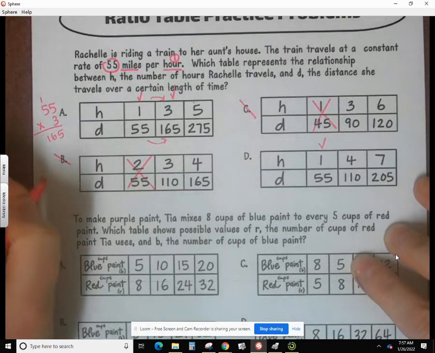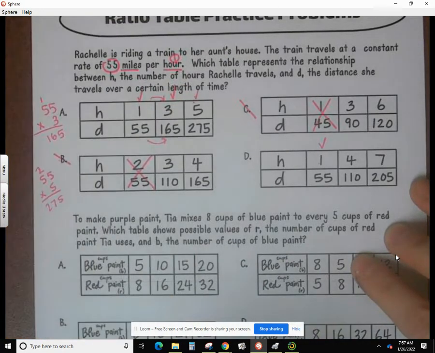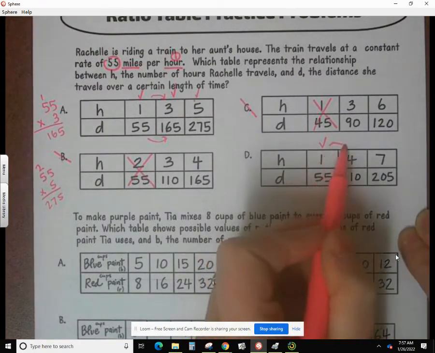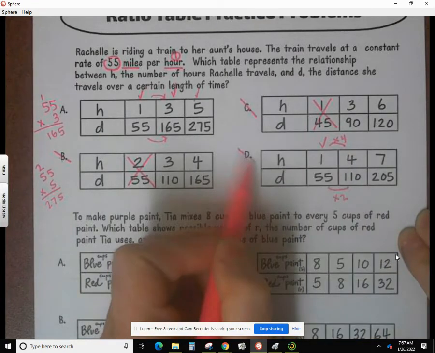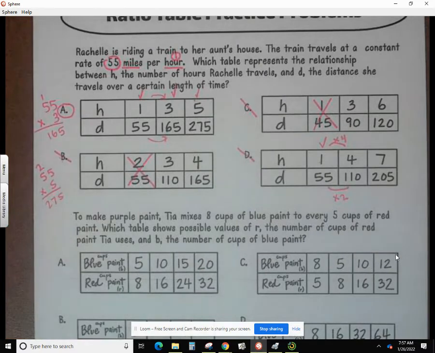So let me check that. 55 times 5 is 275. So that one also comes out right. Now I can see right here, 55 times 2 is 110. And right here, this is times 4. So it's not using the same relationship. So the only one that kept the same relationship through the whole problem was A.